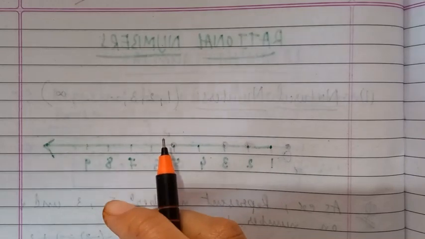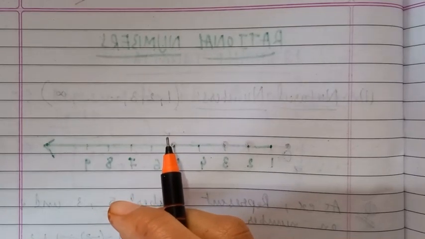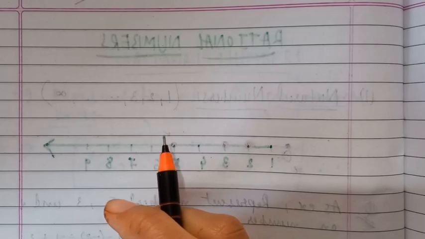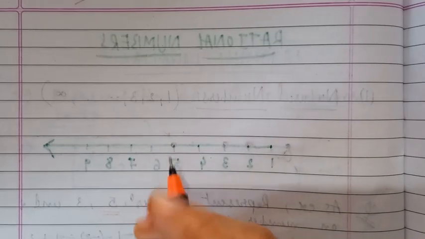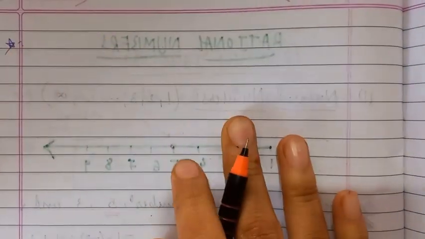It can vary. So today we see the representation of rational numbers.